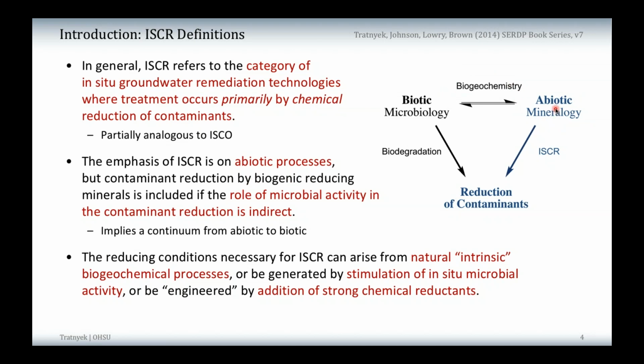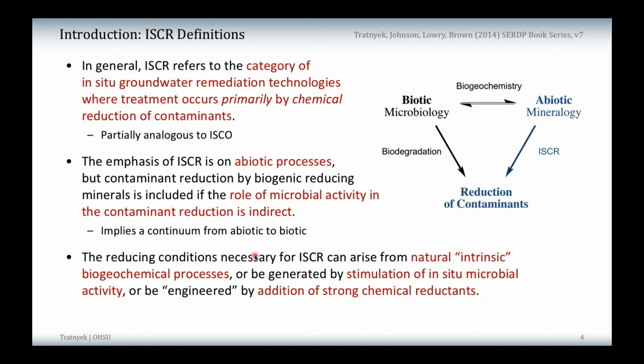And so when we have contaminant degradation by ISCR, represented by this line here, in many cases the source of this is microbiology over here. The only thing we're excluding is direct biodegradation of the contaminants. That would be a different topic.